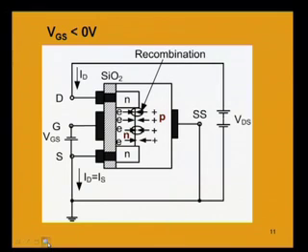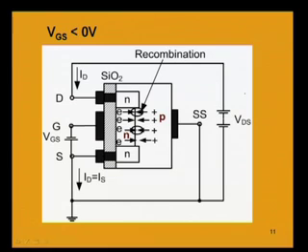Now, what will happen when we have gate to source voltage negative, drain to source voltage positive? We are applying a negative voltage between gate and source.